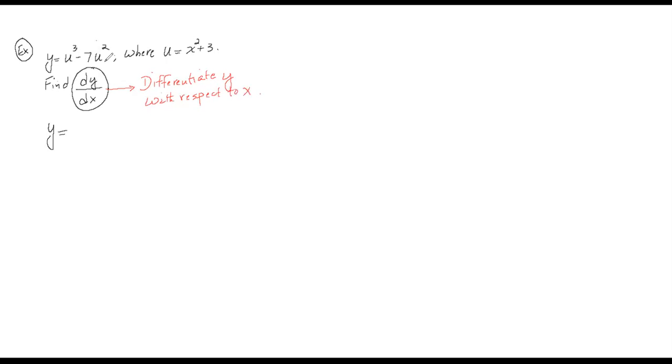So y is not a function of x. It's a function of u, but then u itself is given as x squared plus 3. How can you change y as a function of x? Can you tell me that? Replace each u that you have in here with x squared plus 3.